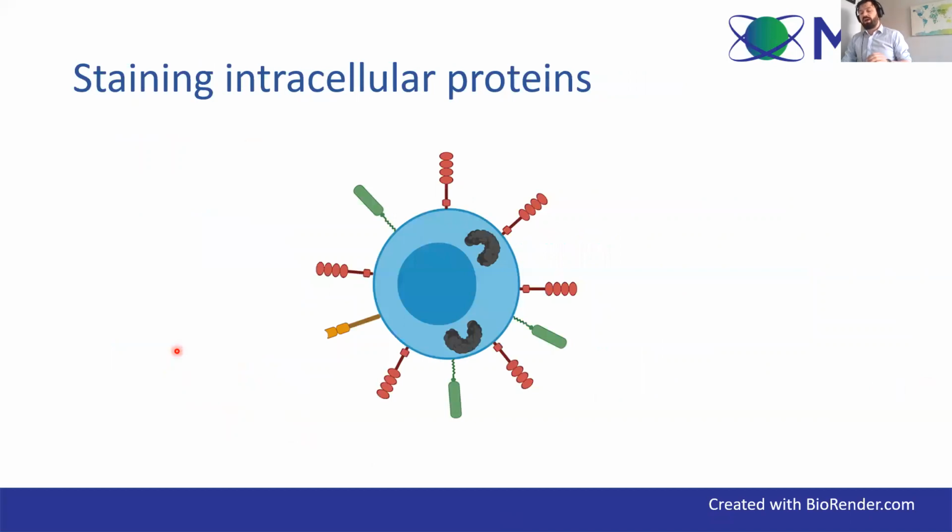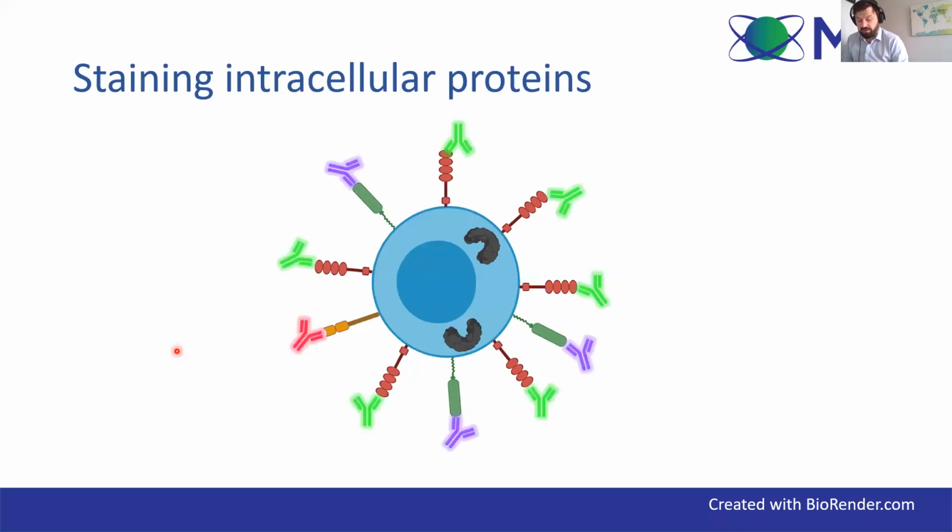In our previous webinar, there is a bit more time spent on how you stain intracellular proteins. But I'll just really quickly run over this for anyone who hasn't seen that webinar or mightn't be overly familiar with intracellular staining. The first thing you need to do is stain all of your cell surface markers first in the normal way.